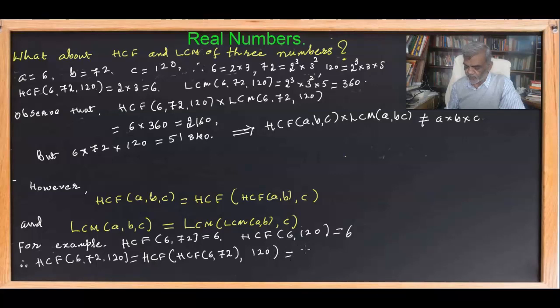Again, that is going to be the HCF of 6 and 120, that is again 6. And therefore, similarly, we can prove this also: the LCM of A, B, C equals the LCM of the LCM of A, B and C.